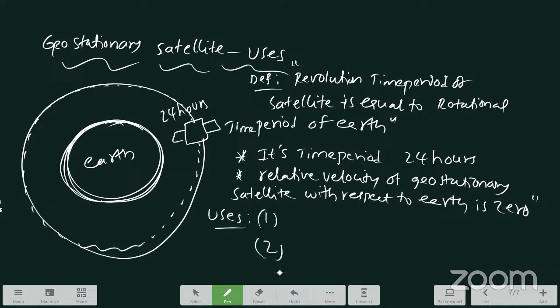For example, now you are listening to this class, which I'm teaching through communication system satellites. It is used in communication systems, in GPS, in internet, GPS maps. We are finding where the location is. All this is nothing but satellites only.